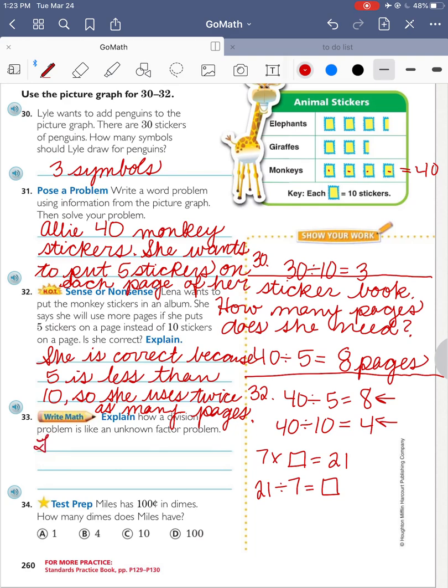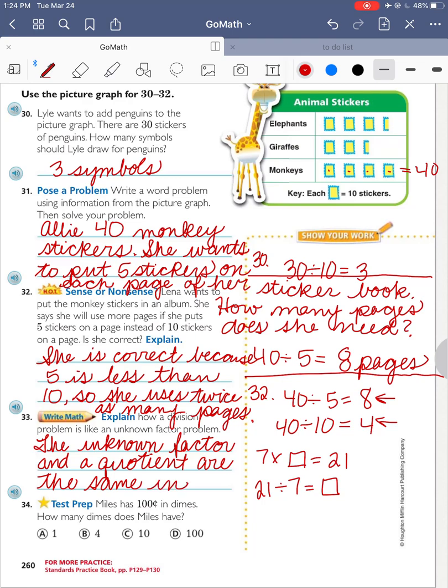So the unknown factor and the quotient are the same in related facts.